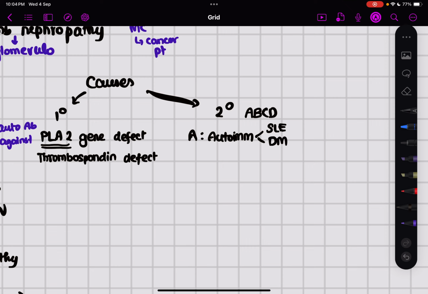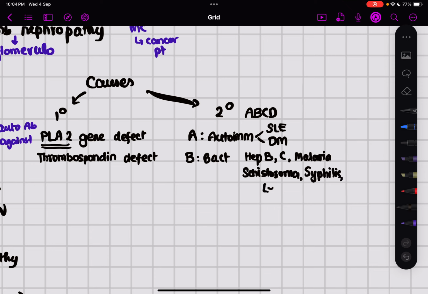Under B, which is bacterial causes, that is in general microbial causes, which involve hepatitis B, hepatitis C, malaria, schistosomiasis, syphilis and leprosy. C stands for cancer and D stands for drugs.